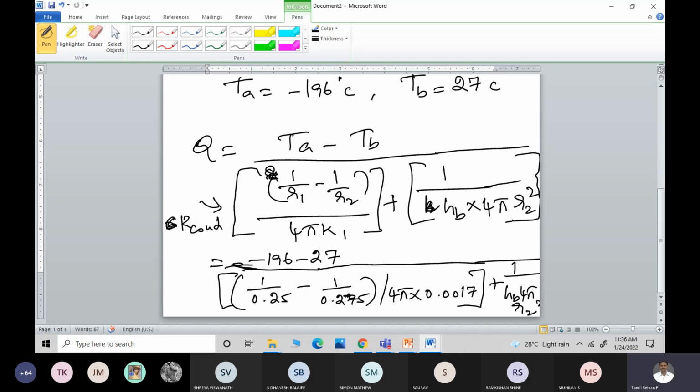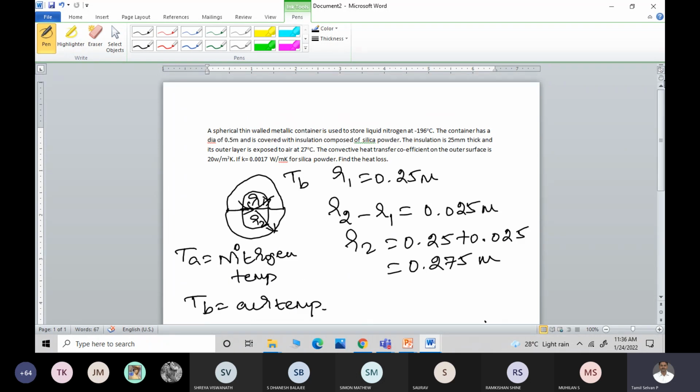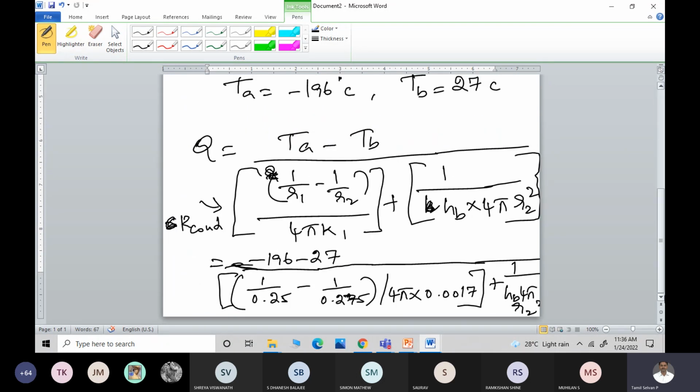Students, is it visible, ma? Visible, sir. Here substitute HB value and R2 value. R2 is 0.275, HB is mentioned as 20. So 1 by 20 into 4 pi into 0.275 the whole squared. So that is convective resistance. And finally find out what is Q. What is the Q value, ma?